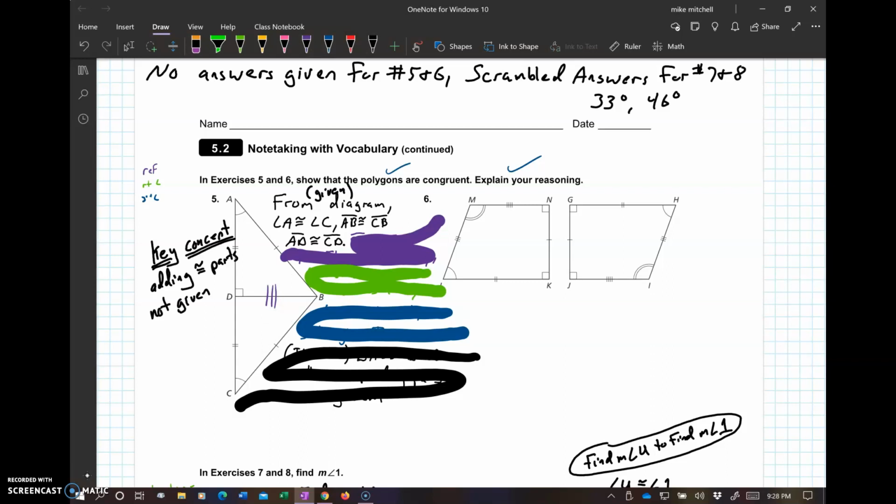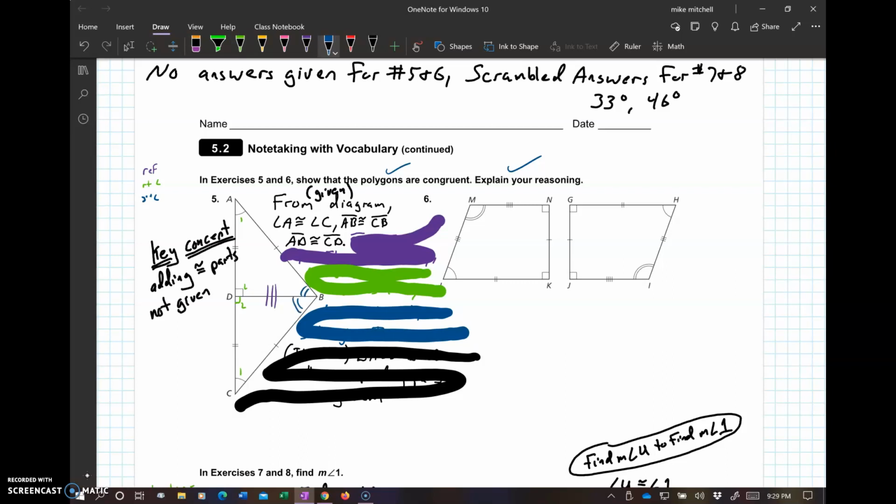Okay, you know what? I've also got this down here. Any right angle, I got another right angle there. I can't forget about that. Those 2 are congruent. And you know what? Now that I got that, I got 2 pairs of congruent angles. That gives me my 3rd angles in here.